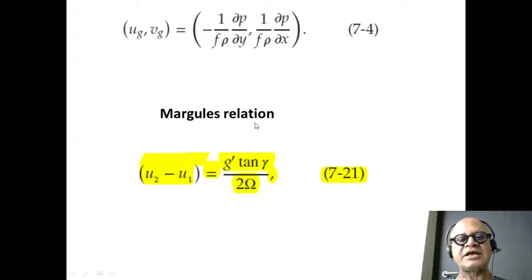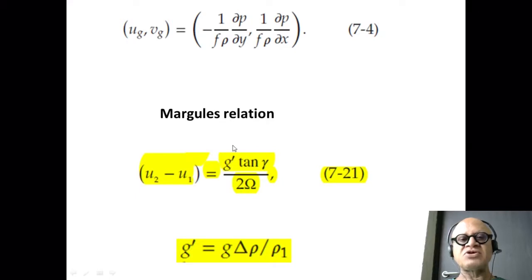So Margules had actually derived this for a front in the atmosphere. What is the jump in the winds across the front based on the slope of the front and the rotation rate? Okay, so that's our favorite reduced gravity.